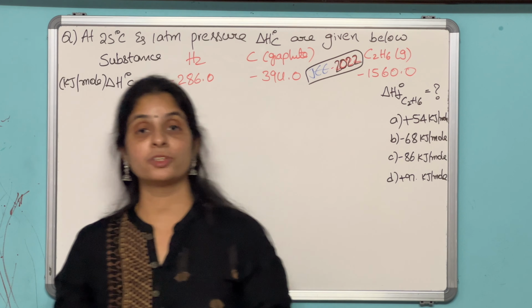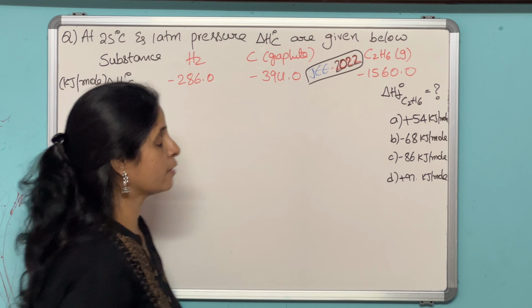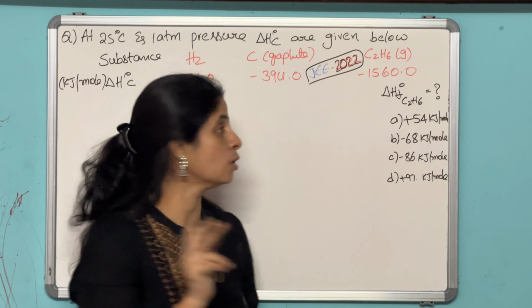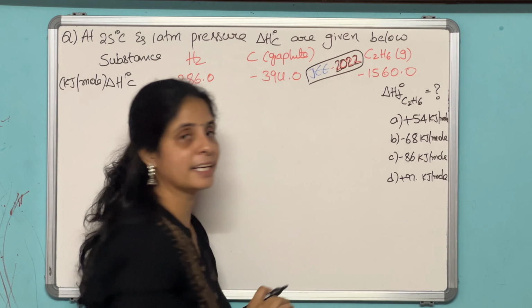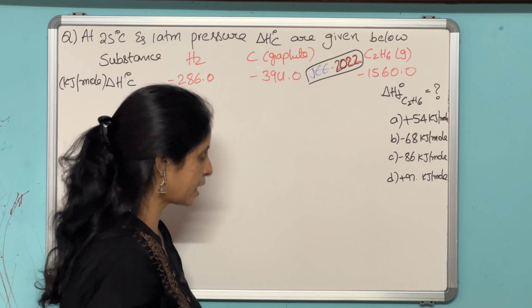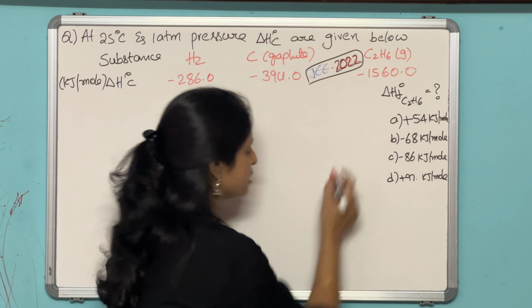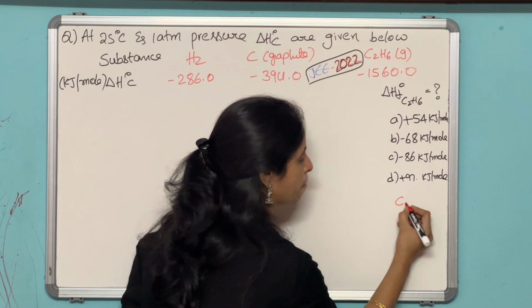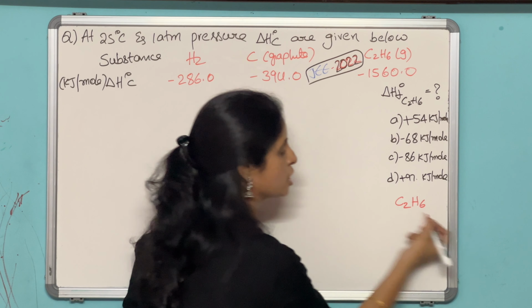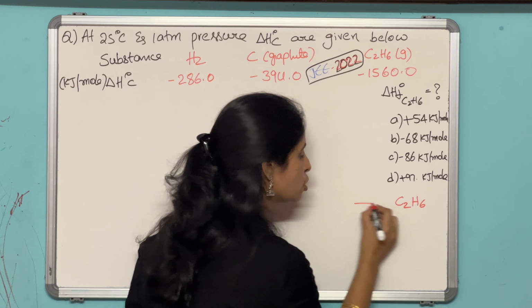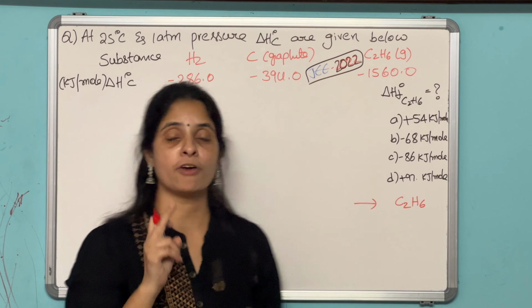Now what you have to do? First, I told you, you have to write the required equation. What is your required equation? Here for C2H6 enthalpy of formation he is asking. So what is enthalpy of formation?